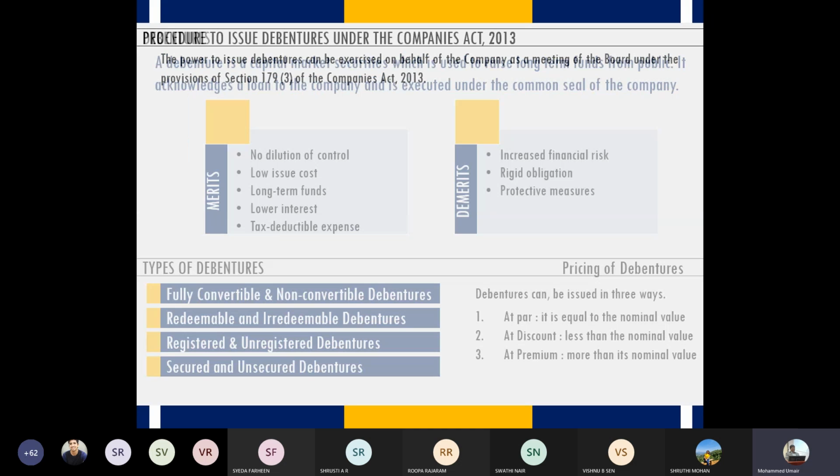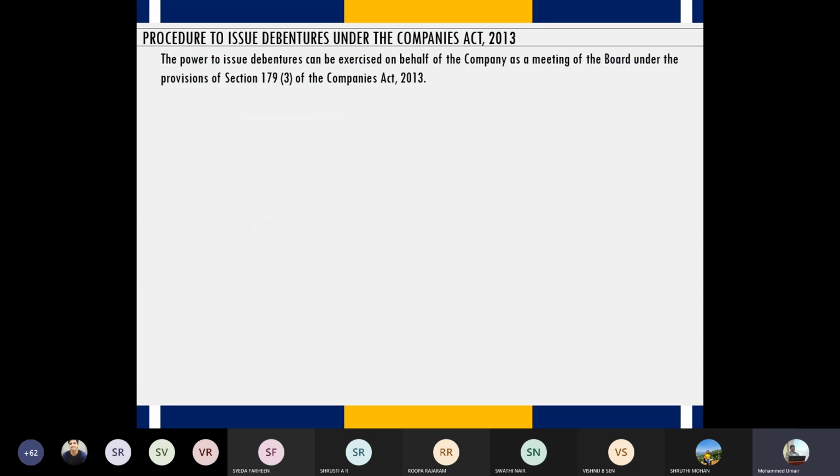So the Companies Act mandates the procedure and protocol for issuing debentures, which requires necessary approvals and clearances. The Companies Act is designed in such a way that you have to take consent and discuss before taking any important decision. It's like a parliamentary process. You're taking an important decision which can have long-term implications on the performance of the company, so such decisions need to be ratified in the board of directors meeting.